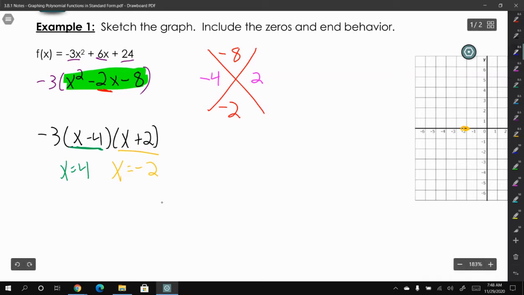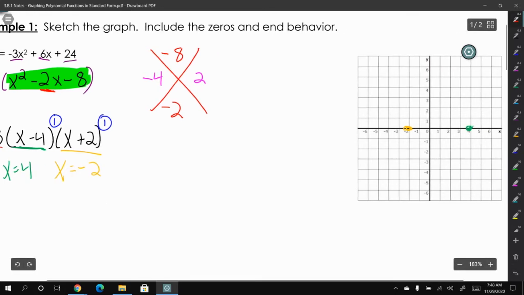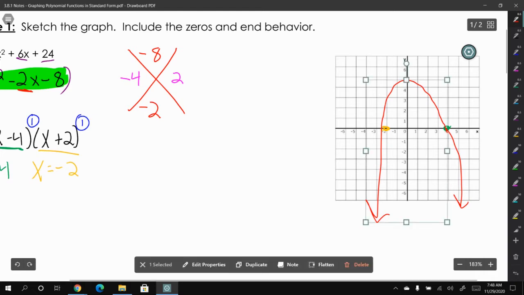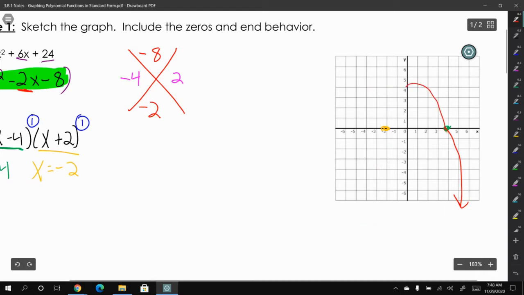where we have an invisible 1 as our exponent, so we're going to cross the x-axis there, and since our leading coefficient's negative, our right side is pointed downward. So this is going to go down, and we cross and cross. And that's what this will look like.